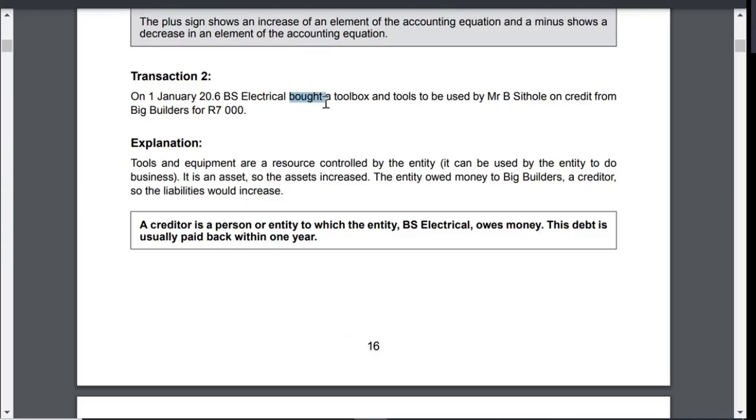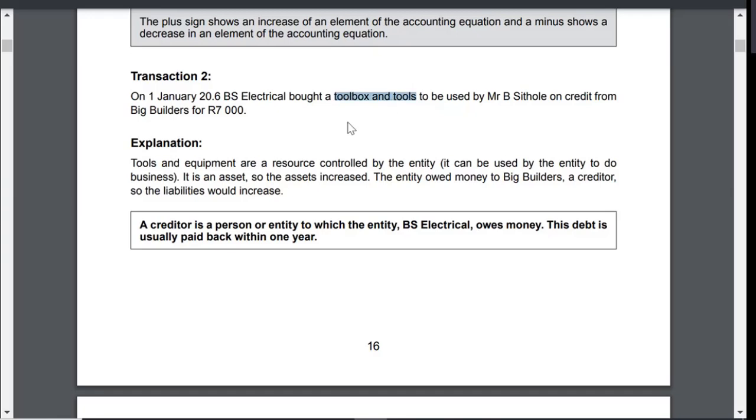Something was bought. So if BS Electrical bought toolbox and tools, you need to decide what toolbox and tools are to BS Electrical.